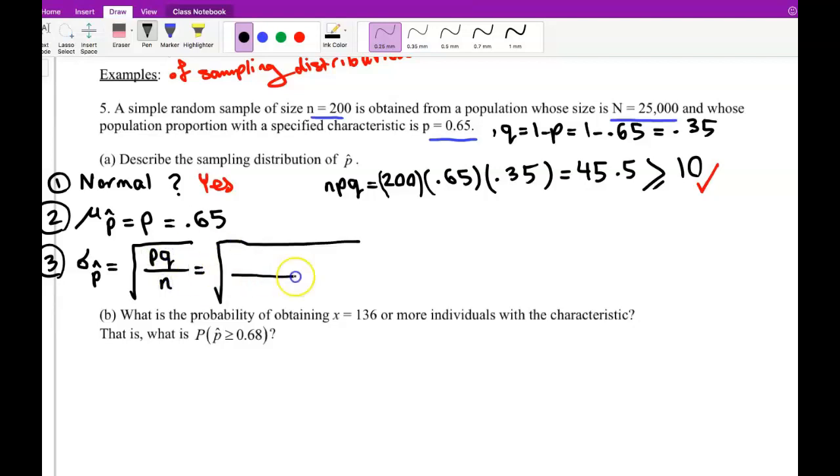So that is equal to the square root of p times q over n, with n equal to 200, p 65%, and q 35%. Running it, the answer is 0.034.